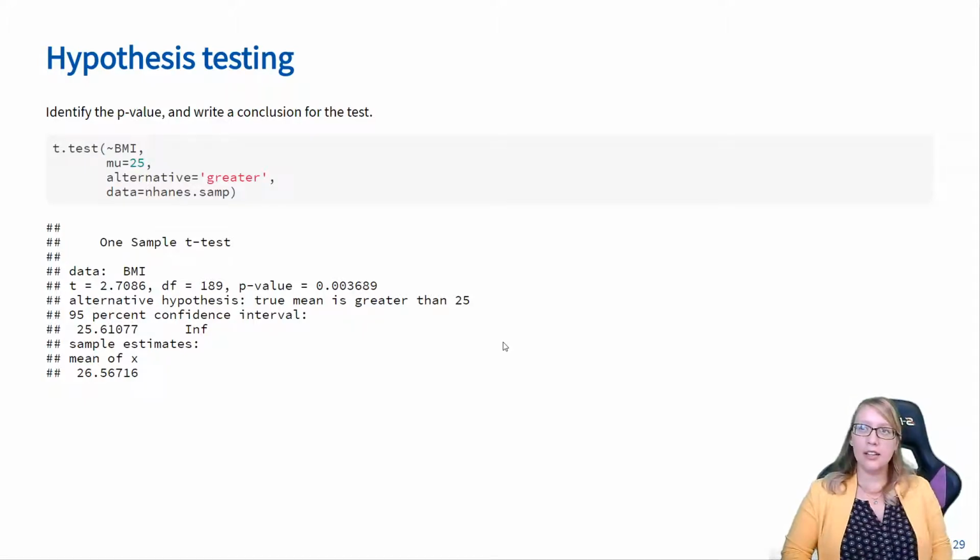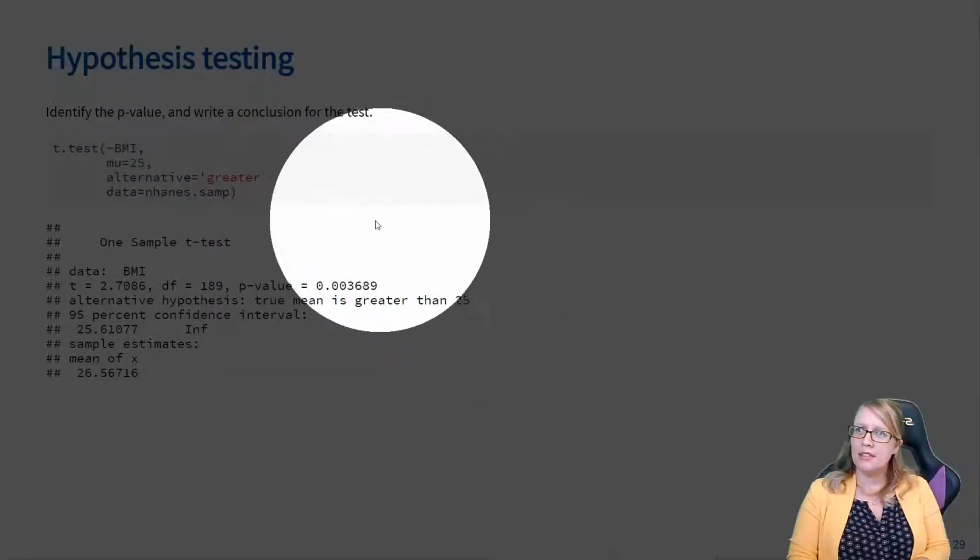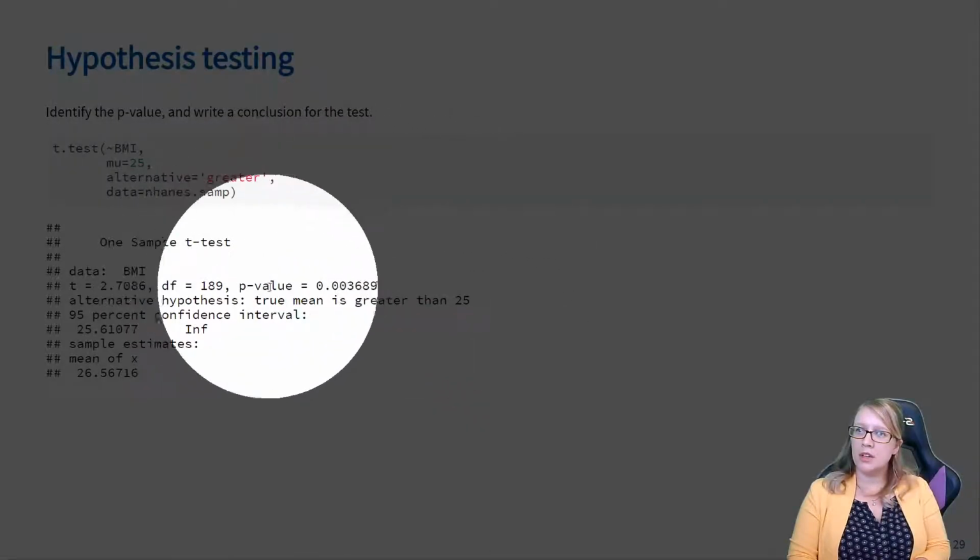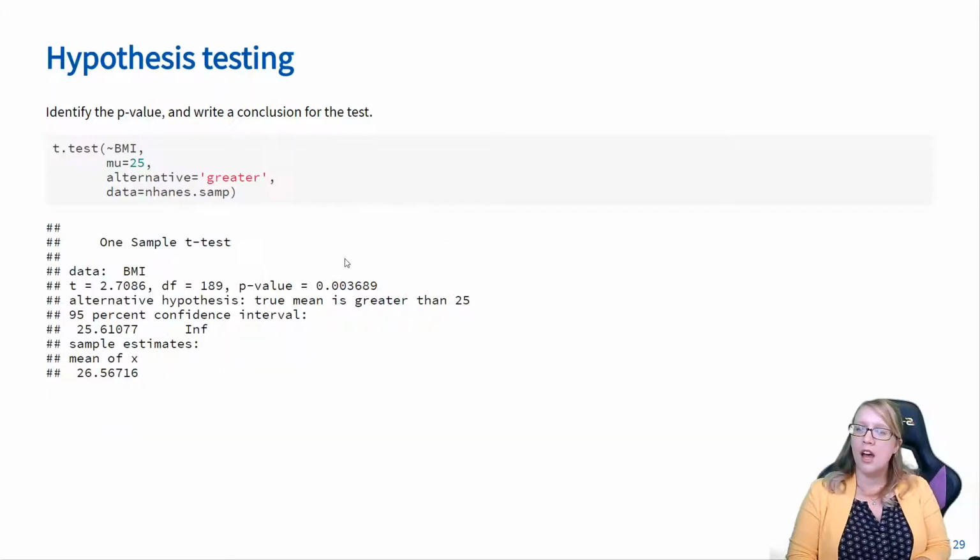We'll then calculate the p-value and write a conclusion for the test. We'll talk a lot about what this looks like for different scenarios, so don't worry too much about the code right now. In the output, though, we want to look for something called p-value, and here it is. The probability of getting a sample mean like this, or one even higher, if the null hypothesis is true, is only 0.004.